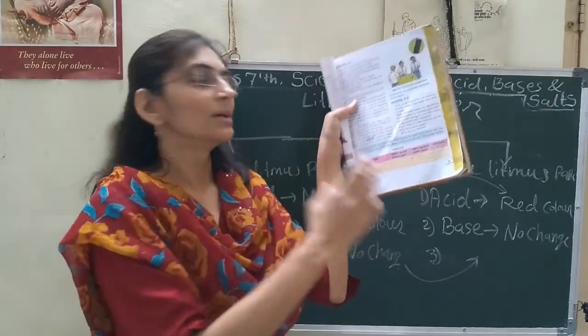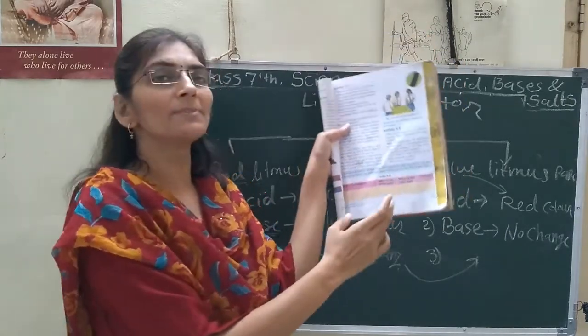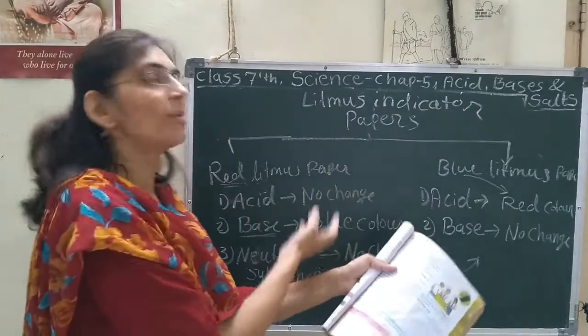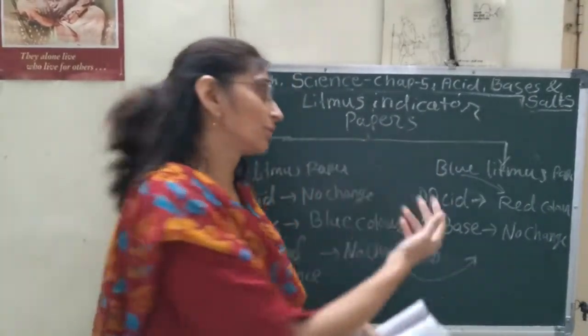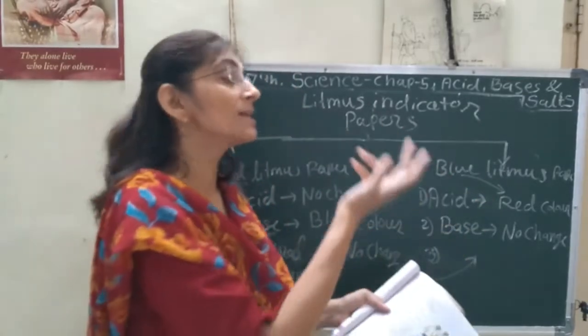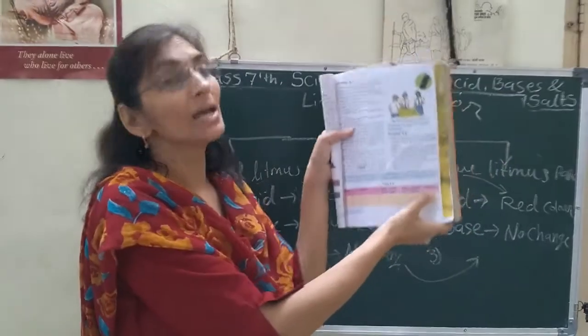Then inference, जो आपका ऑब्जर्वेशन रहेगा, तो रेड लिटमस पेपर की यदि रिएक्शन आपको मिली तो वो बेस है, और ब्लू लिटमस पेपर की यदि आपको रिएक्शन मिली तो दिस सब्सटेंस, गिवन सब्सटेंस इज acidic in nature. That you have to write here as an inference.